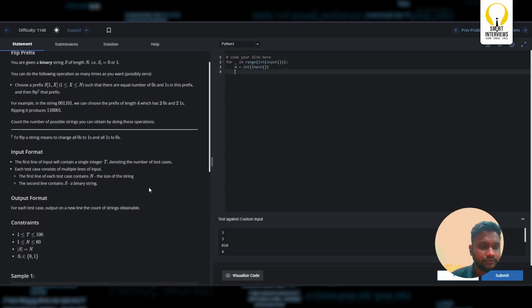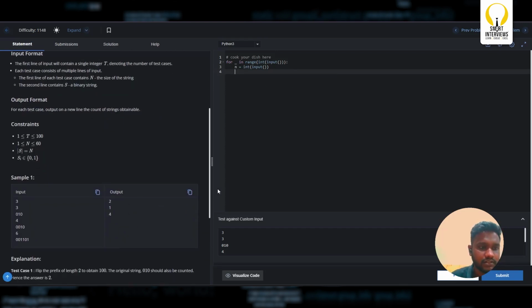N is the length of the string, then we have the string. Now we are trying to count how many times there are an equal number of zeros and ones. Initially the zeros count and ones count equal 0, and we'll iterate over the string.